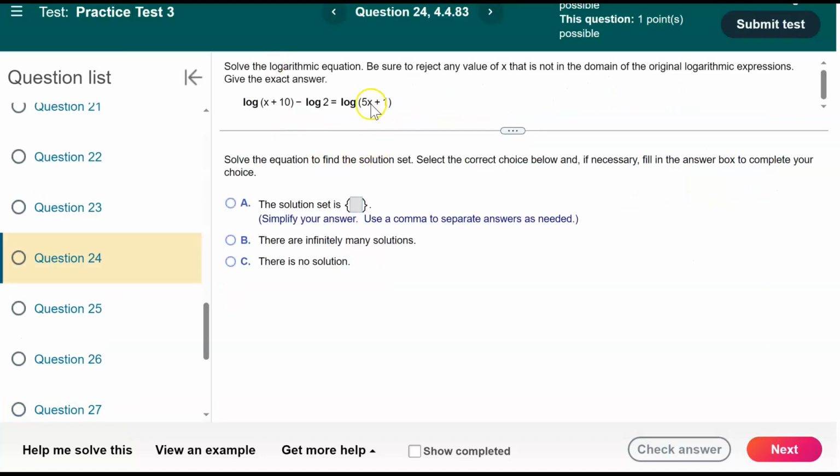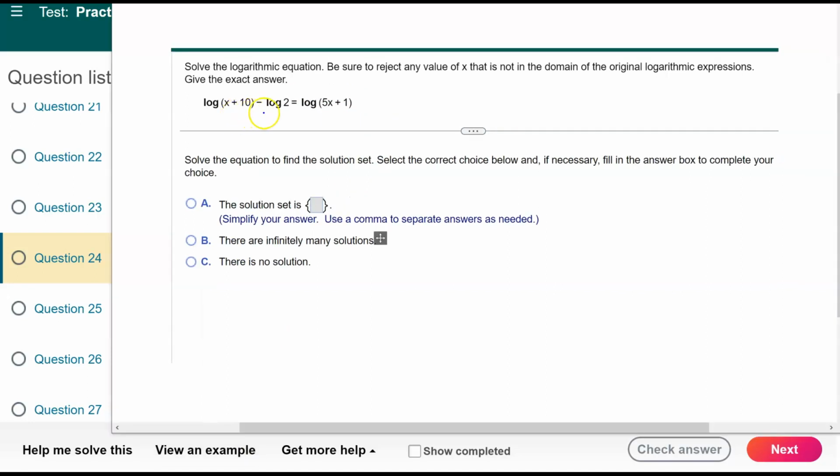All right, let's have another example. So here we are to solve the logarithmic equation and be sure to check for extraneous roots. So the first step is to write this as a single logarithm. So this is minus, that means this is a quotient.